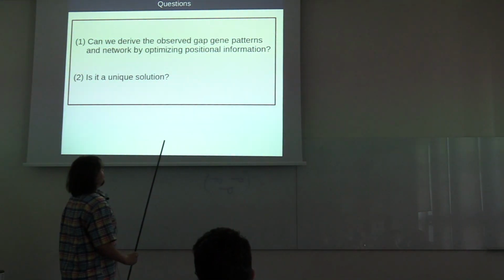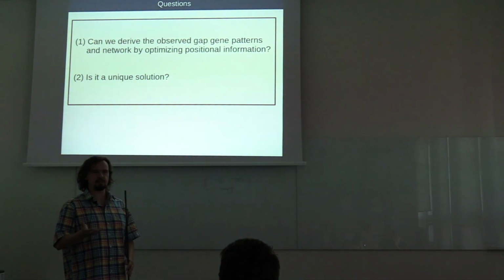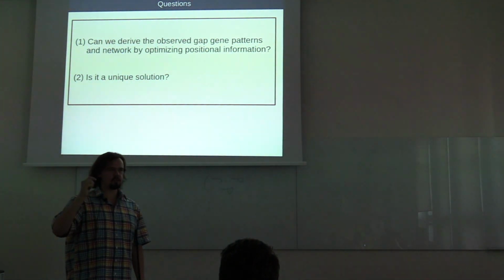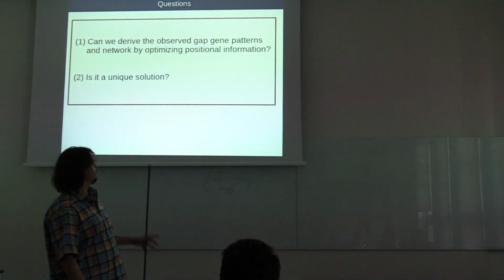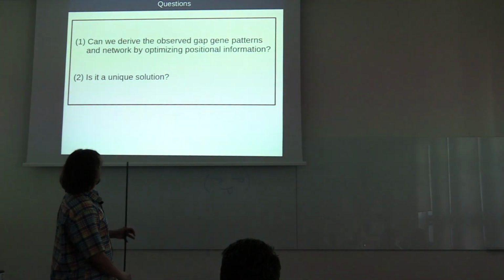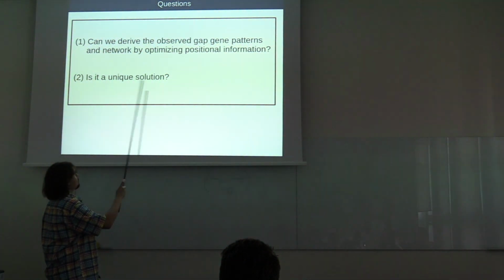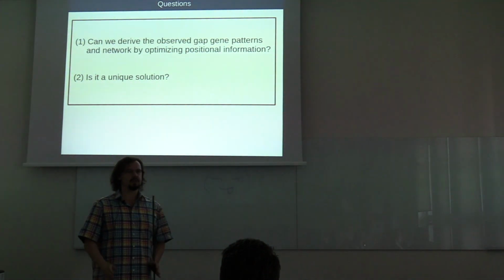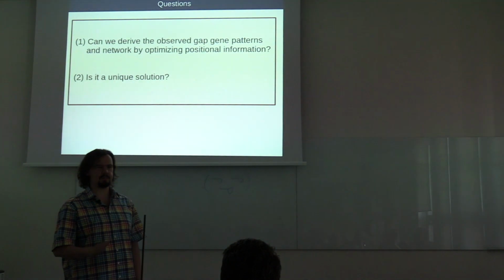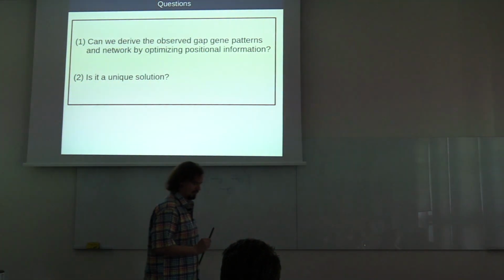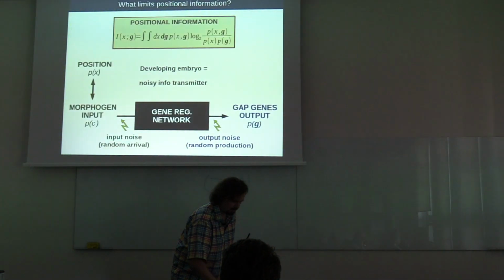Can we predict this starting from biophysical principles by just maximizing positional information in a biophysically motivated model of this patterning system? And if yes, the second question is, is this a unique solution that nature has found, or are there many solutions to that problem? So that's the main working task that we started to follow up on.